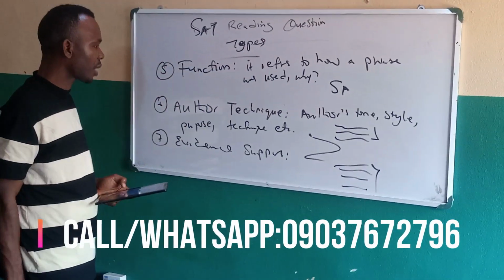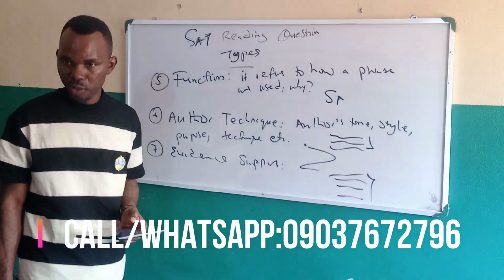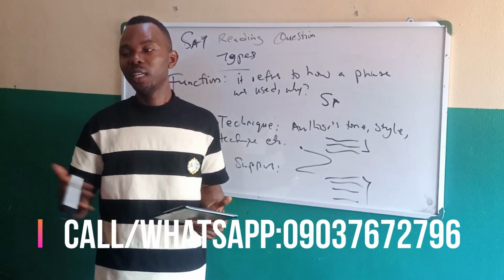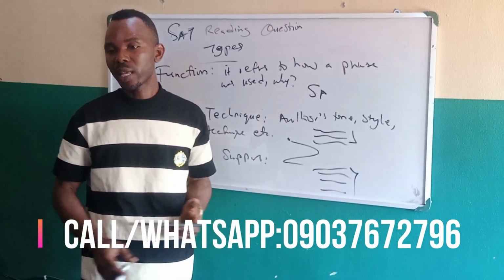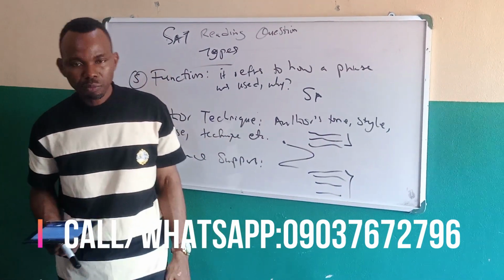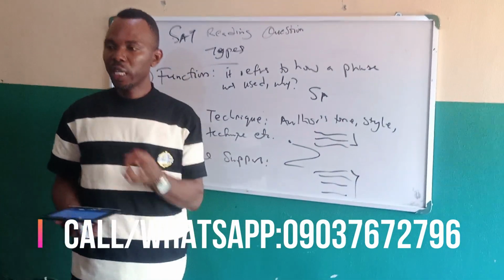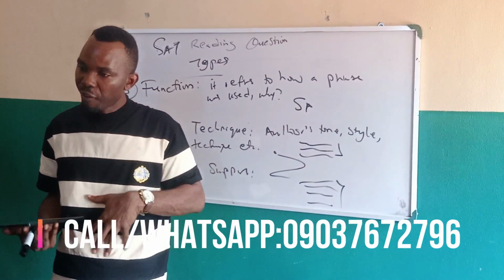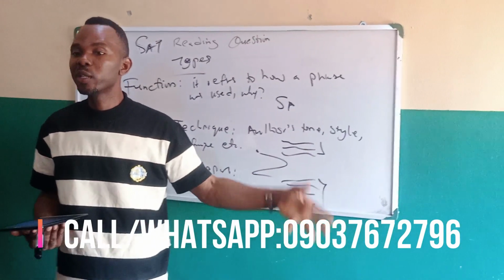After the author's technique, the next question type is called evidence support. I'd like you to remember that in SAT generally, the English aspect is called evidence-based reading and writing. So a lot of things has to do with evidence. Evidence means why am I choosing the answer, all right? Now, for this particular one that is called evidence support, they are going to pair two questions. So if you are on question 5, they may ask you, why did you choose the answer you chose in question 4?